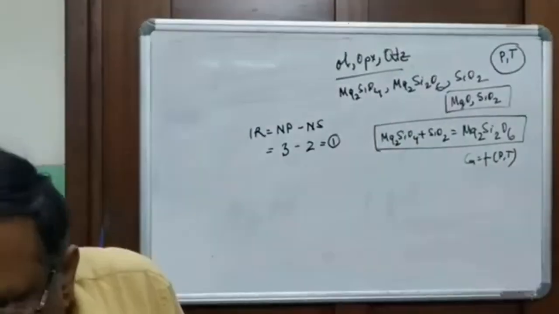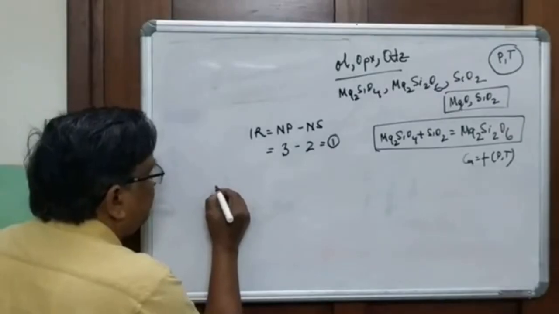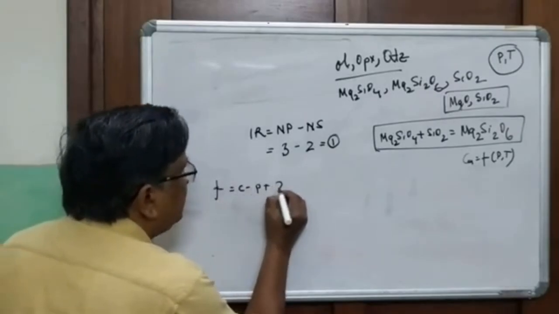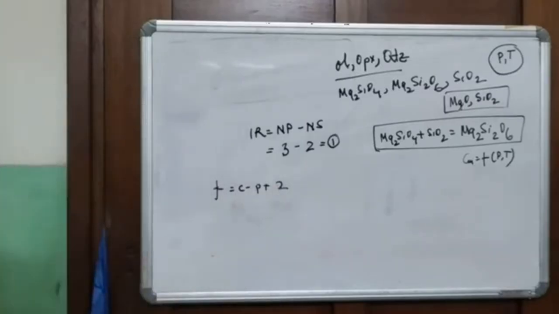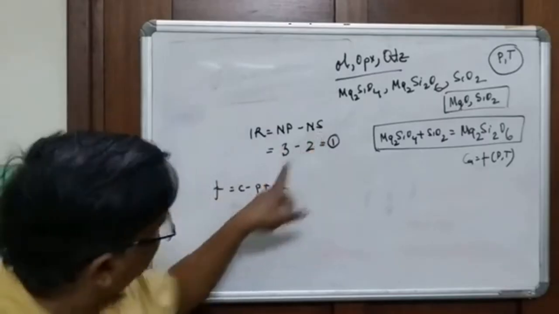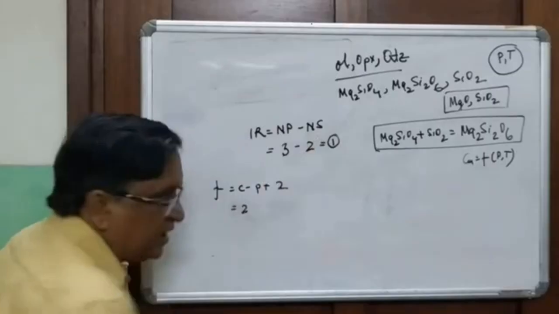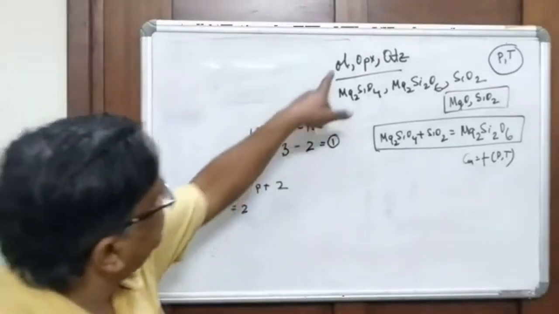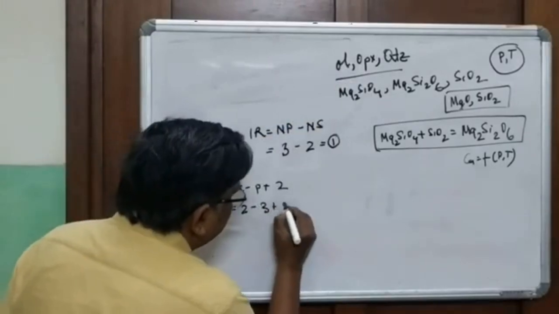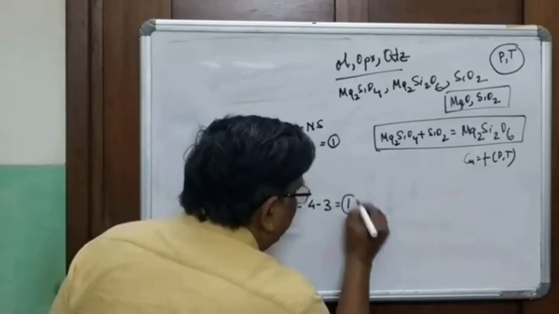Let's see what the Gibbs phase rule says for this. Gibbs phase rule says F is equal to C minus P plus 2. Right? C is the number of system components. NS and C here are the same. So we have 2. Number of phases, olivine, orthopyroxene, quartz, minus 3 plus 2. So that's 4 minus 3, equal to 1.